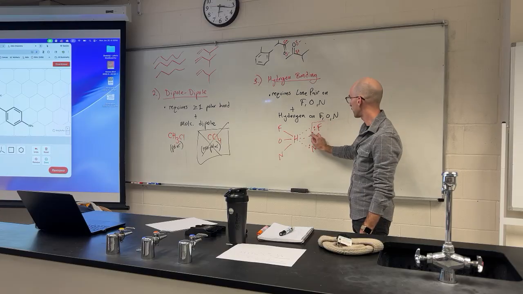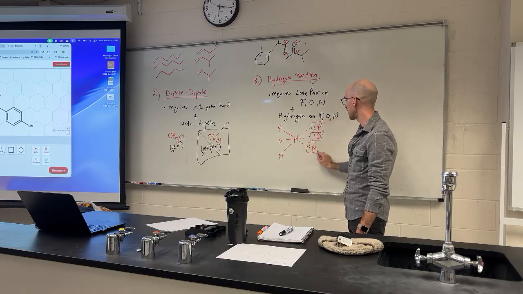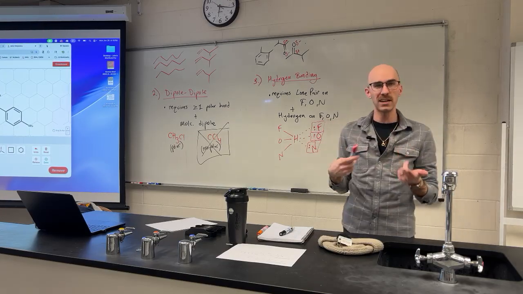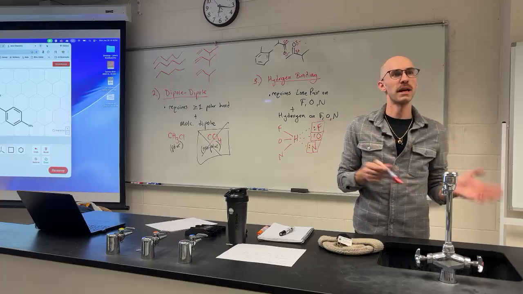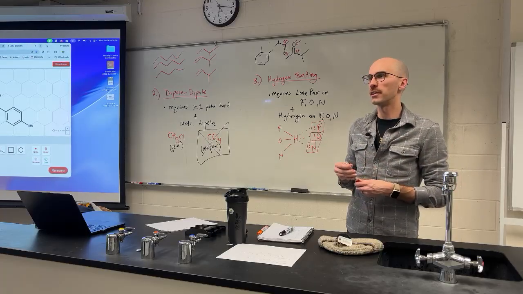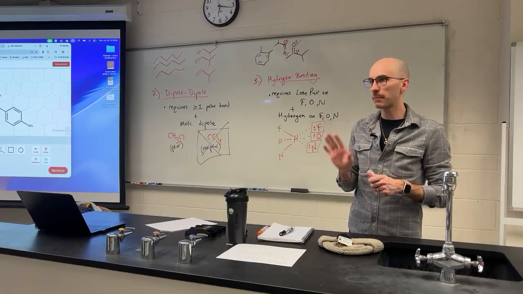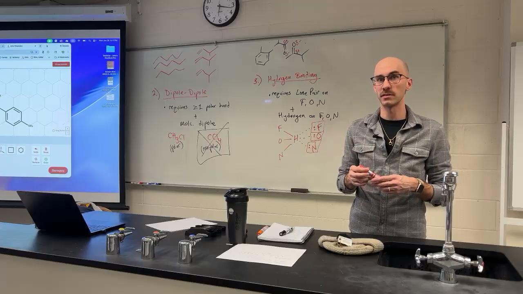And I do this to show that it doesn't need to be a specific combination of what atom's lone pair and what atom is bonded to the hydrogen. It can be any possible present combination of those things, right?